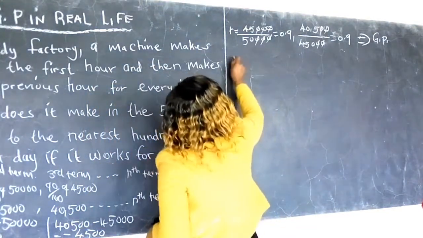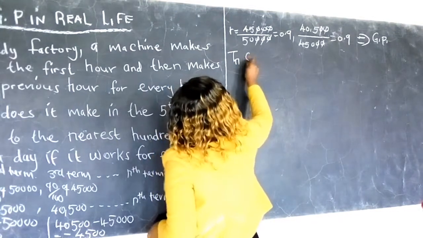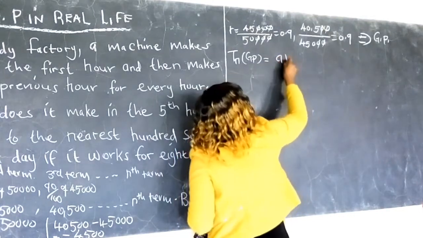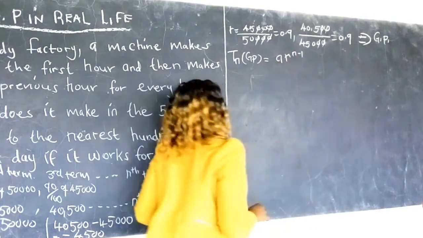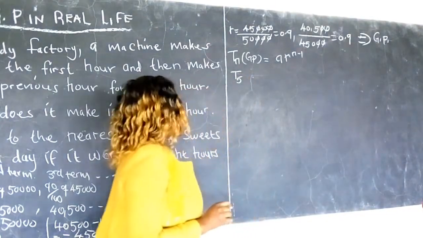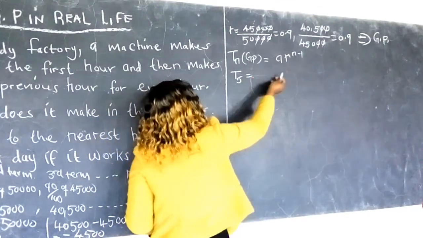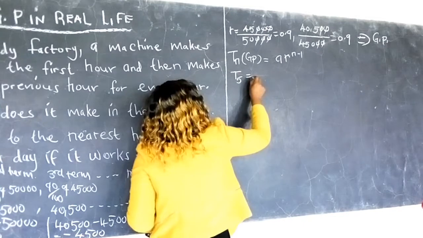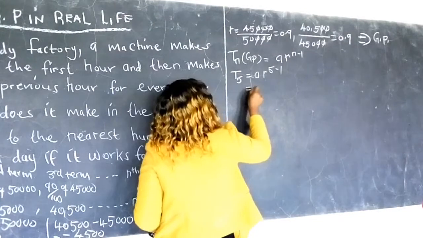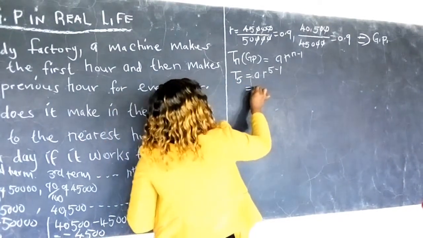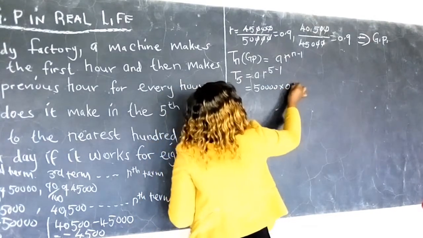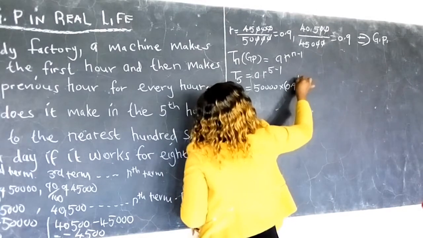To find the fifth hour, we know that the nth term of a GP is given by A, the first term, times R^(n-1). So for the fifth hour we are going to have A times R^(5-1), and the first hour was 50,000, which is the first term, times the common ratio, to the power 4.